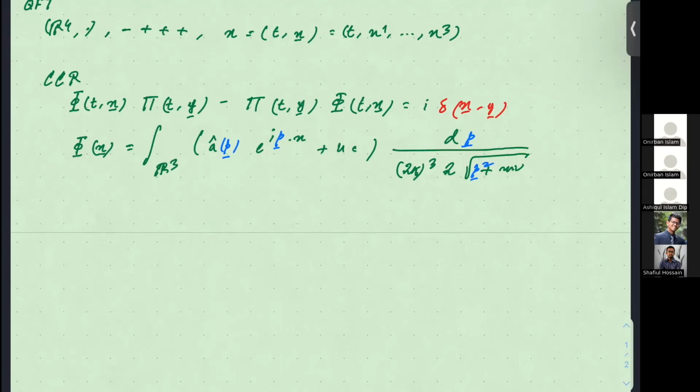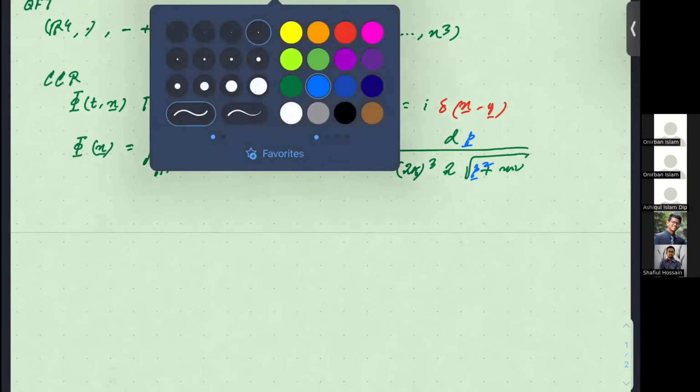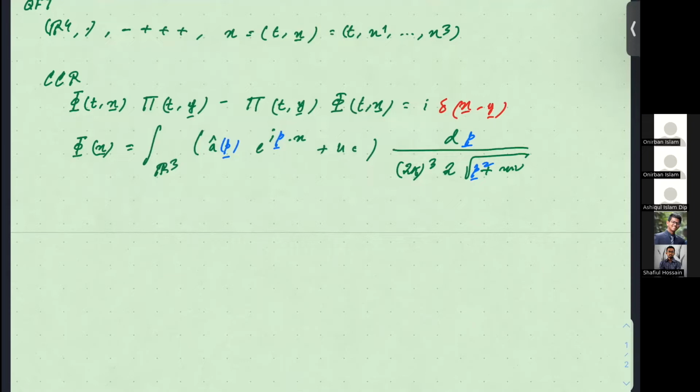Okay, and now from this data, we can go to any spacetime point. Phi of x is e to the power i t times something, again acting on Phi at zero, x, minus i t times something.